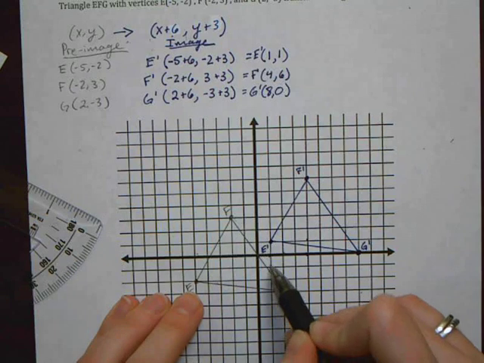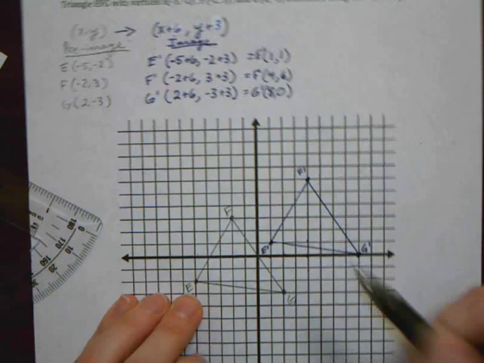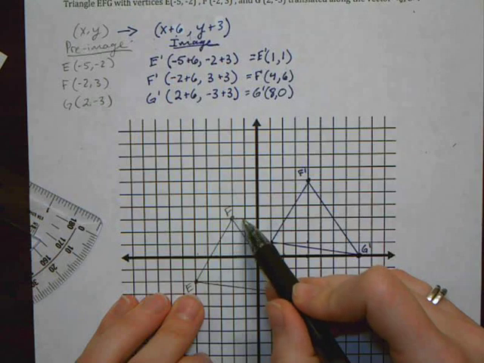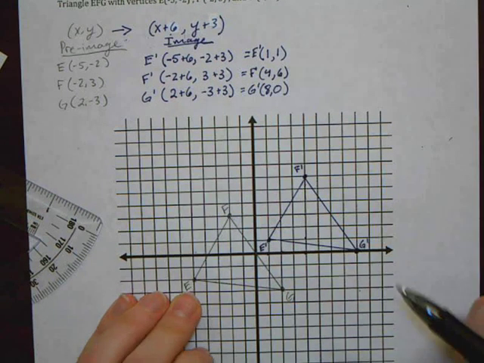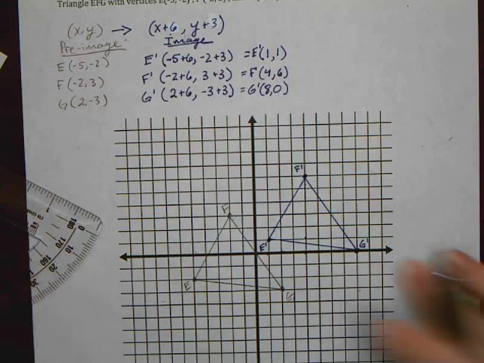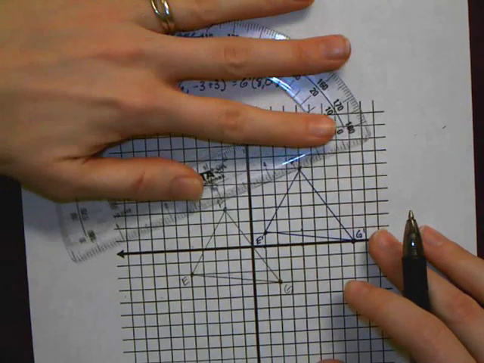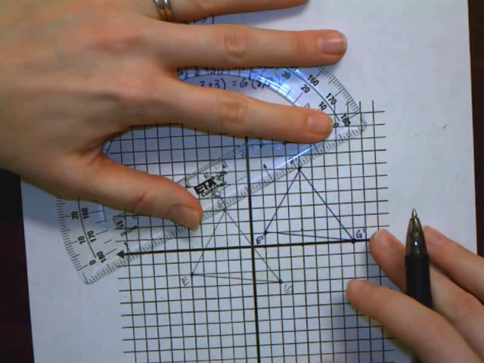E works the same way. I go to the right 1, 2, 3, 4, 5, 6, and up 3, and it lands me at E prime. And then the same will work for F. 1, 2, 3, 4, 5, 6, and then up 3. So that's the visual method for doing it.